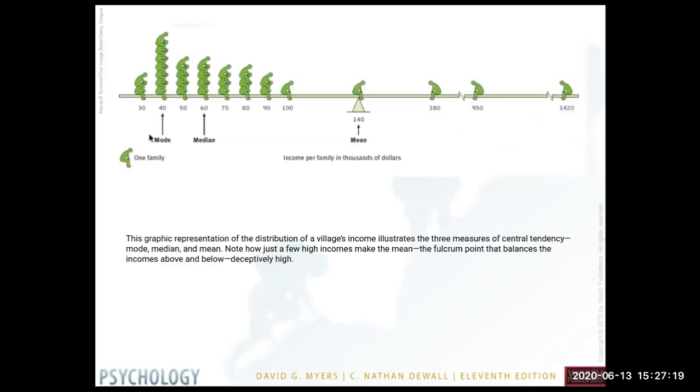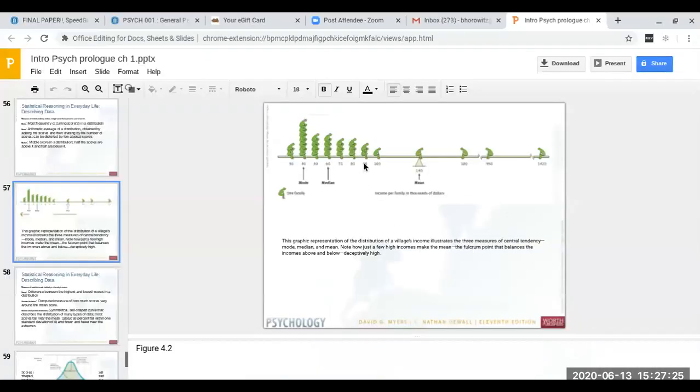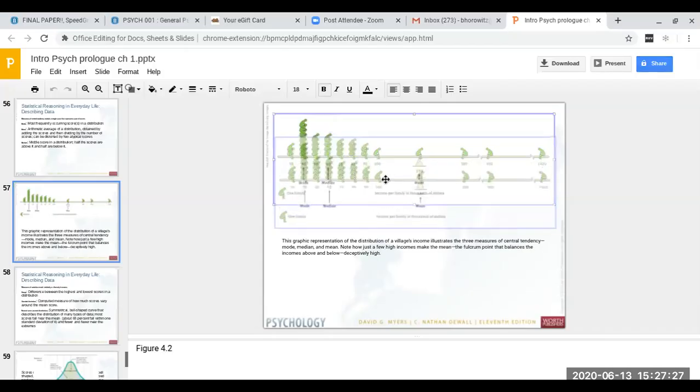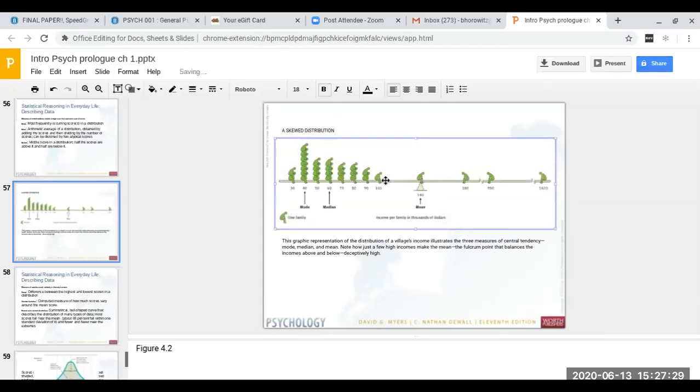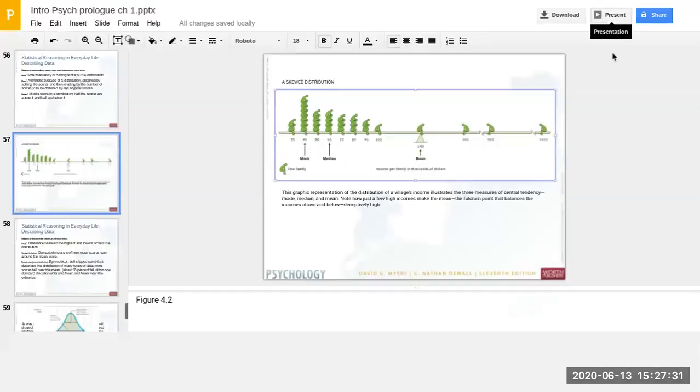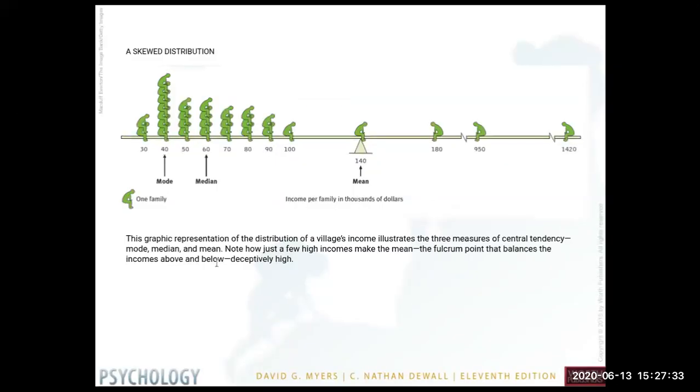So here we see a graph of people in a village, and let me see if I can move this down. Yep, skewed distribution. Okay, so let's go back. Here we see the average income of families in a village in this case, but we'll just use modern day terms, one neighborhood or one street.